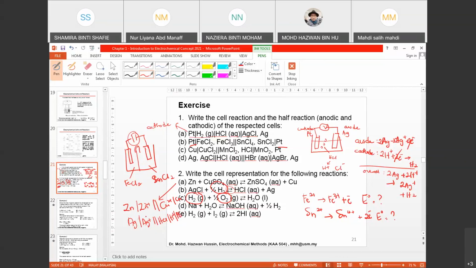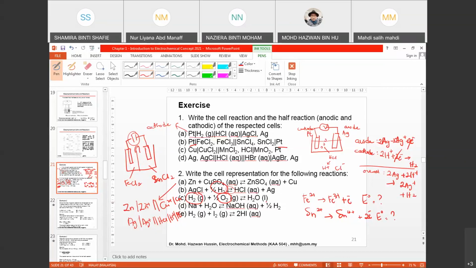Then this will be your cell notation. Okay, right. So the others, I think maybe you can do it by yourself. Even for C, this one is actually electrolysis of water, because it produces hydrogen gas and oxygen gas. Then you can try to write the cell notation for this one.